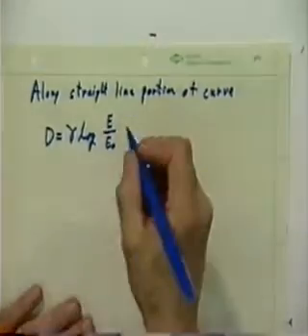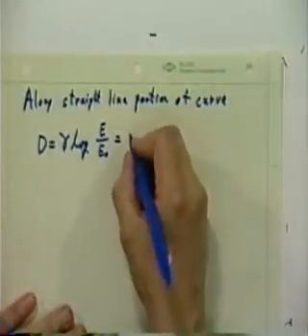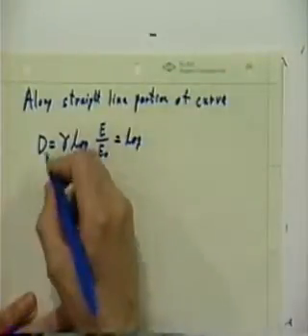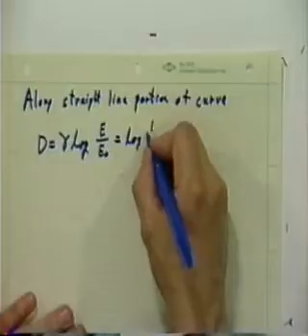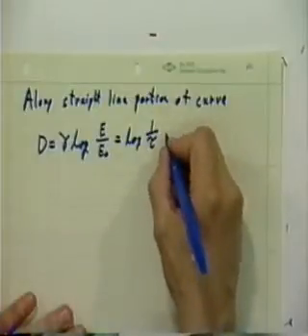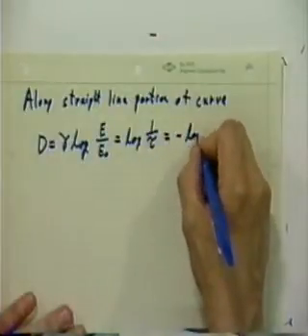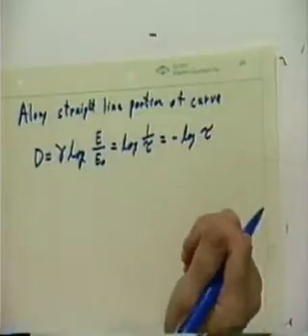Okay? And density is defined as log of 1 over the intensity transmittance, or if you like, that's just minus log of the intensity transmittance.